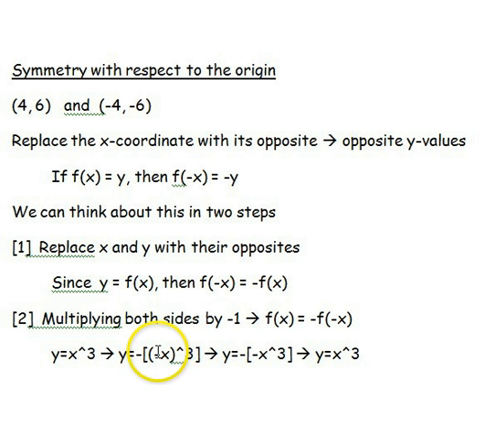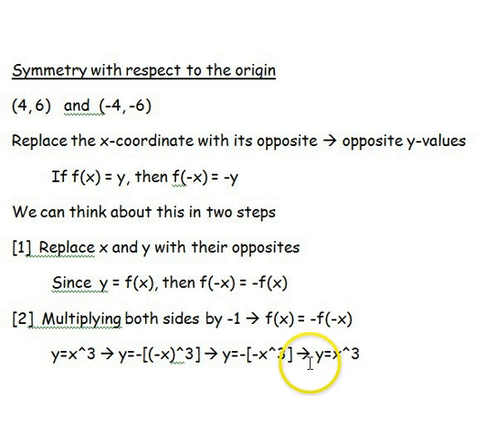Replace the x with its opposite, and let's call the whole thing negative. The y value is replaced with its opposite. Let's do some algebra. Negative x raised to the third power is negative x cubed. I still have to make that negative, which becomes y equals x cubed.